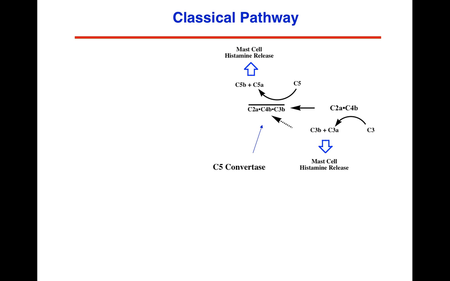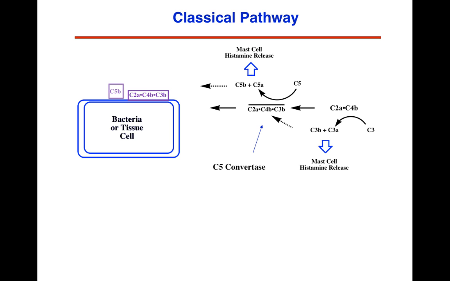I just want to point this out. We're going to come back to that when we look at type 3 hypersensitivity, and we'll talk about mast cells and histamine release. I want to introduce the concept here, though, that these other factors are important because they further activate the immune response.